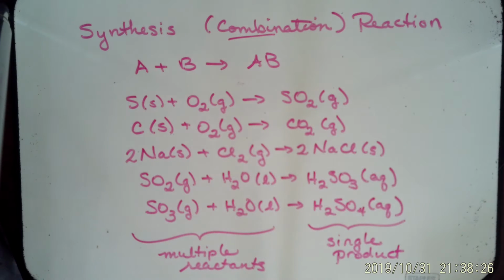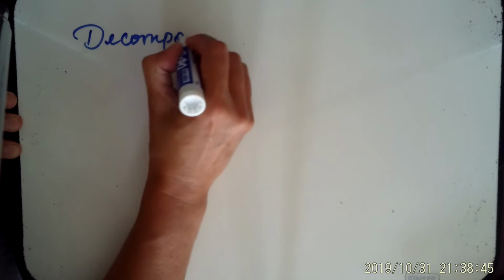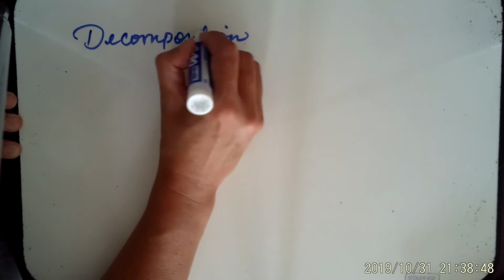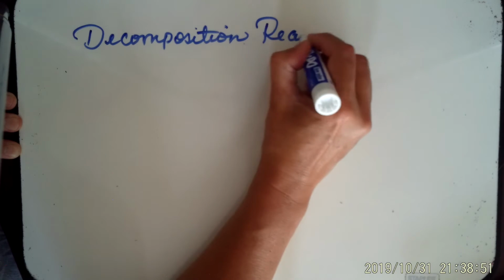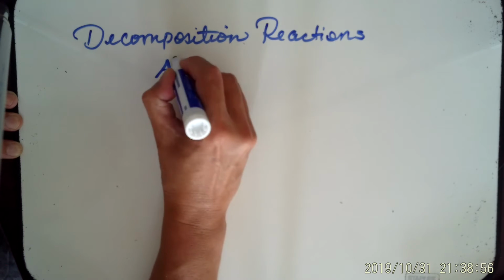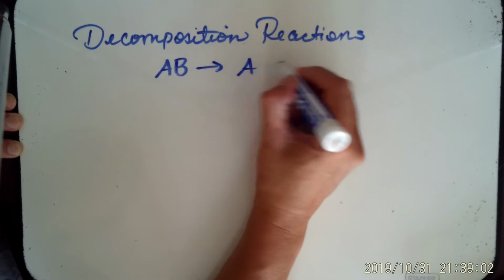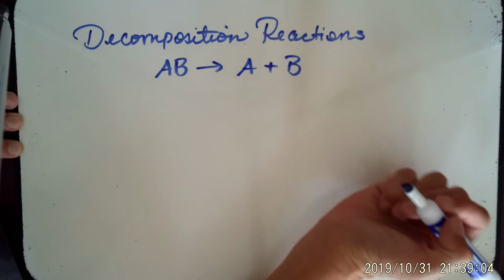So what's another type of reaction that we can do? We can do the opposite of combination, and that's called decomposition. This is where you start off with a single reactant and it decomposes into multiple products.